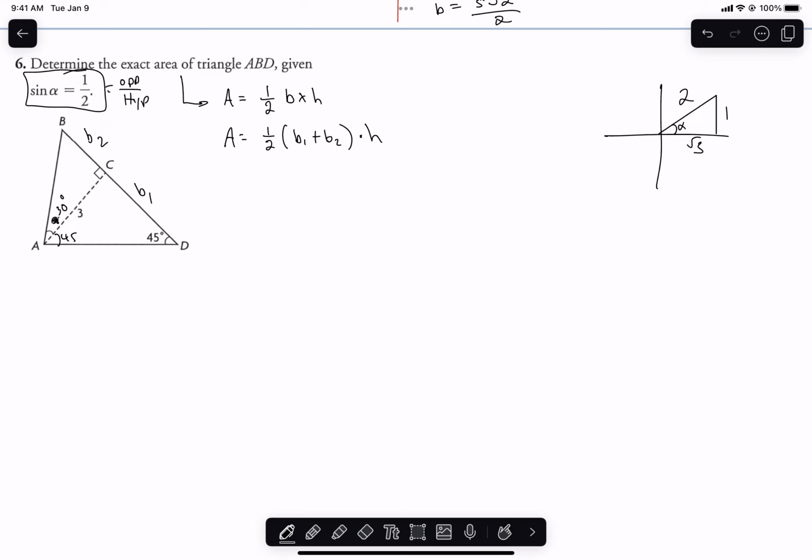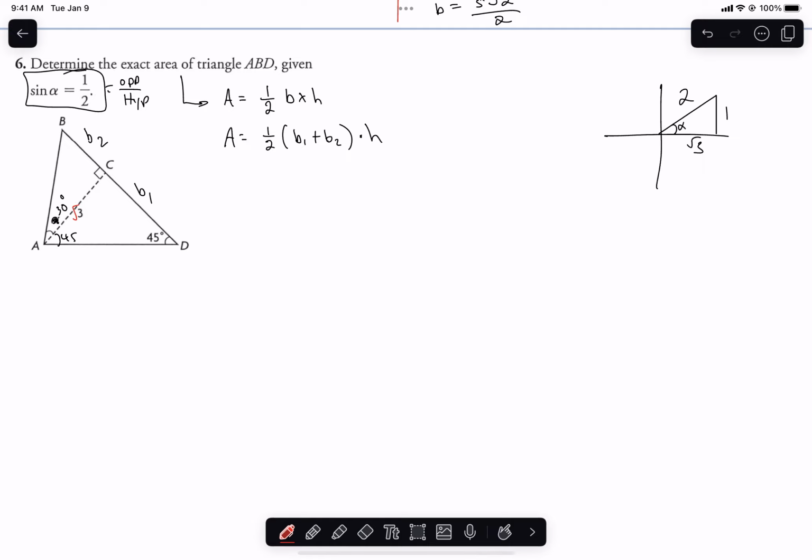Okay, so with that information now, the problem is one of the side lengths has been proportionally changed, right? So if it was the 30, 60, 90 triangle, which it still is, it's just bigger, the side lengths are larger.